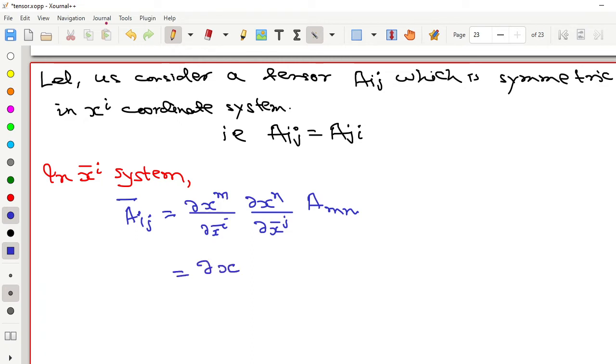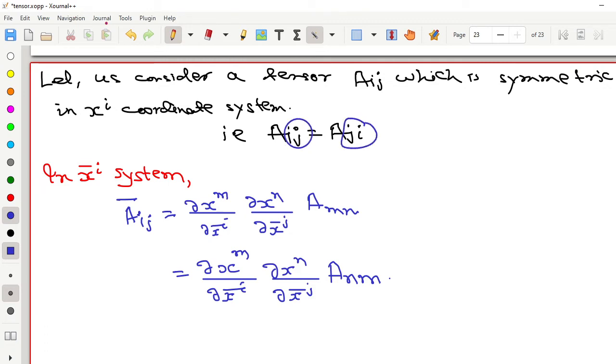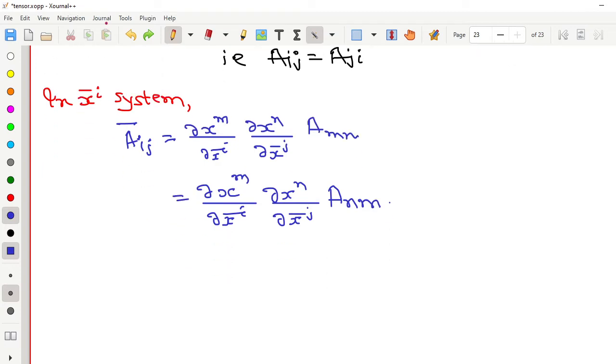I change the position: I keep del x^n by del x bar j, and here I apply a_nm. I can do this since this is symmetric. Here the index was ij, here the index is ji, but the idea is the same. I can write a_mn as a_nm because a is symmetric in my x^i coordinate system.